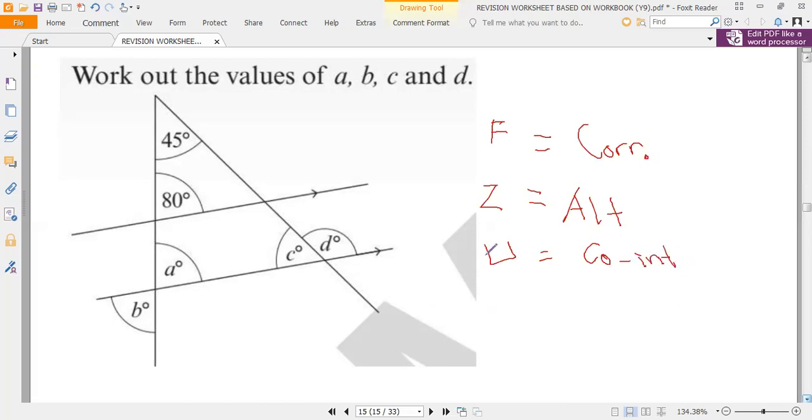And also vertically opposite angles, and angles on a straight line, 180, and so on. But basically, you need to know these three, including another two, which is five altogether.